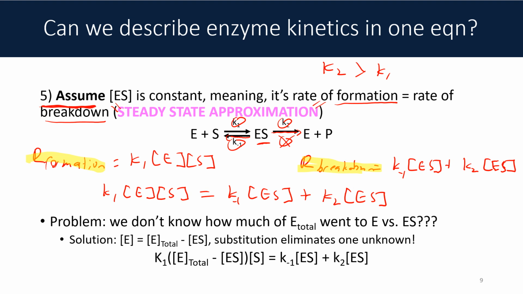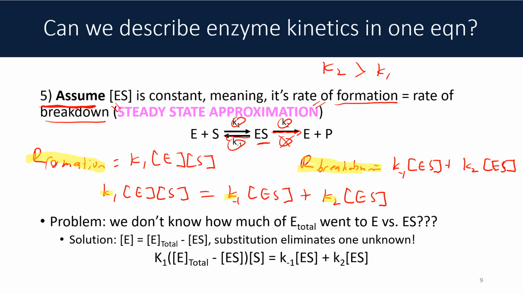Now, there are a few problems with this equation we got out of our steady state approximation. First is we don't know any of these rate constants. We still have three variables. Not good.